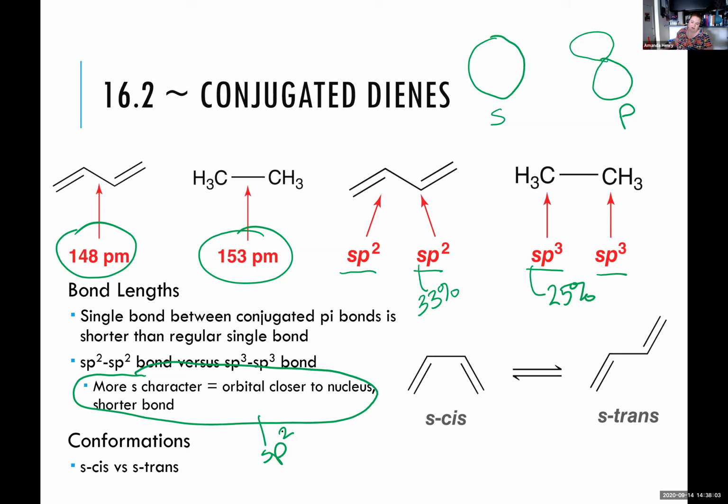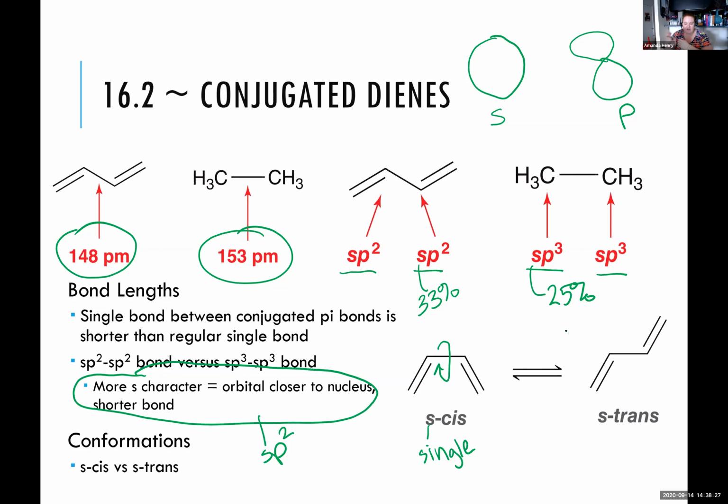And then the last thing on this slide is looking at S-cis and S-trans. So this isn't looking at whether the double bonds are cis or trans, it's looking at the single bond. So when we look at that single bond, are the double bonds cis to each other or are they trans to each other? And this single bond has free rotation.